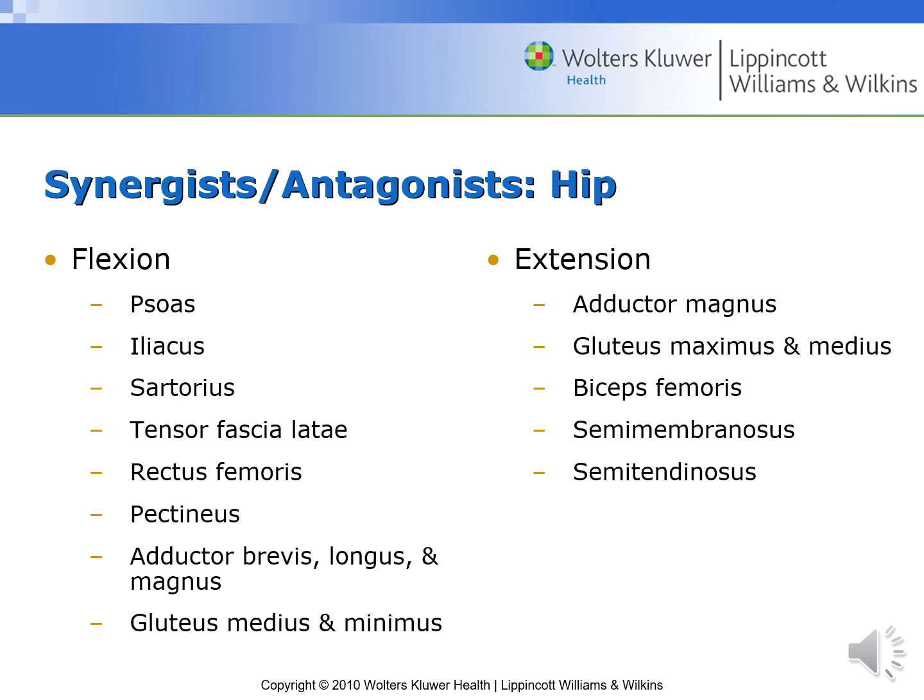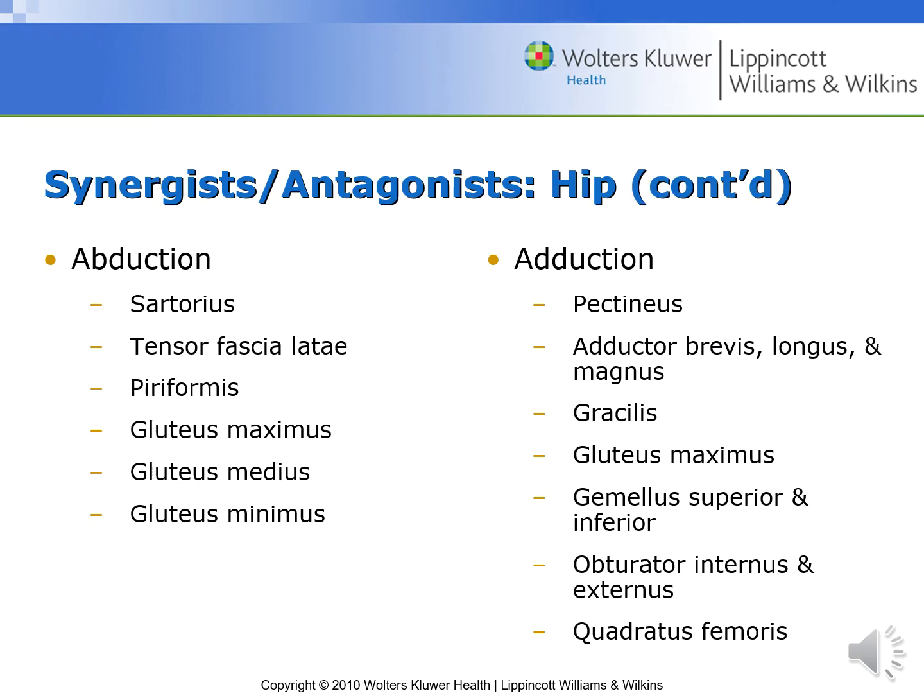And then for extension, the synergistic muscles are the adductor magnus, the gluteus maximus and medius, the biceps femoris, the semimembranosus, and the semitendinosus. When it comes to hip abduction, we have the sartorius, the tensor fasciae lata, the piriformis, the gluteus maximus, the gluteus medius, and the gluteus minimus.